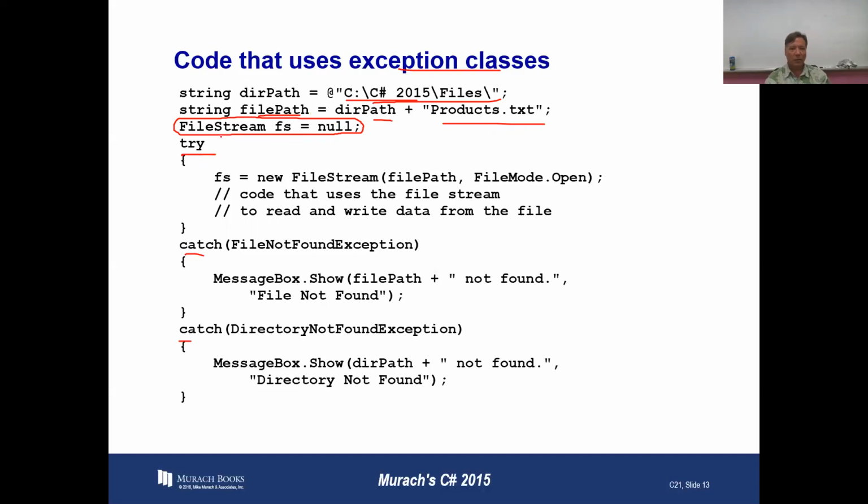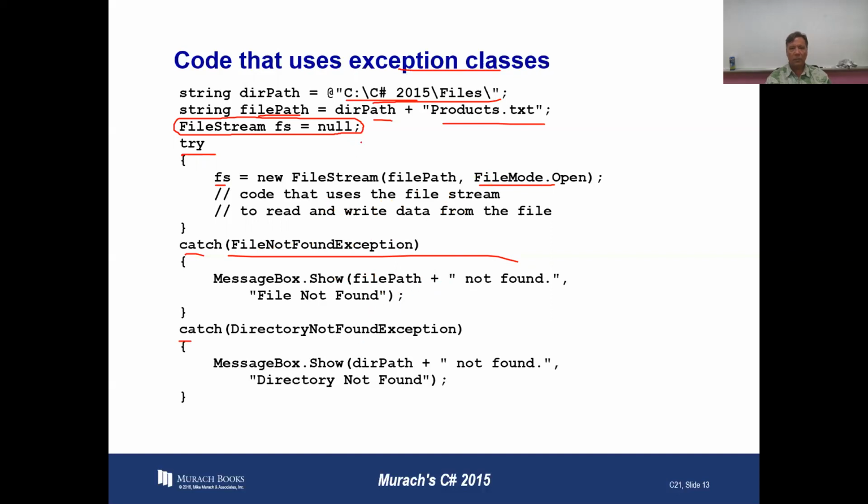Here we're going to try to connect it. We're going to set fs equal to a FileStream for products.txt and try to open it. It's possible that the file doesn't exist, in which case this exception is thrown, and it displays a message saying file not found.